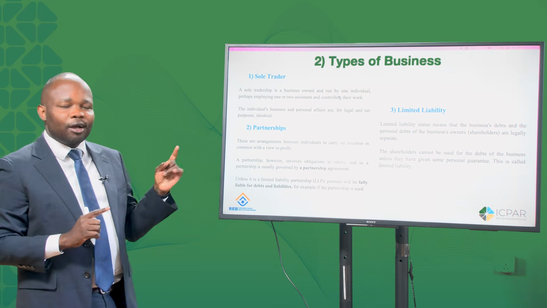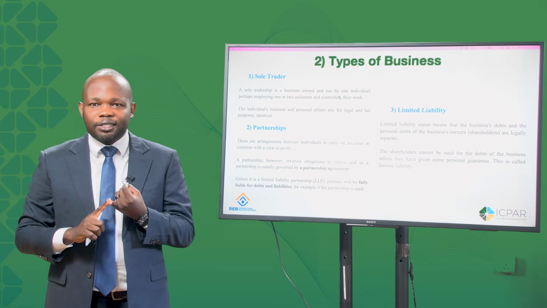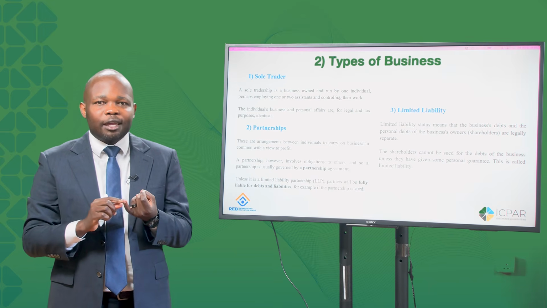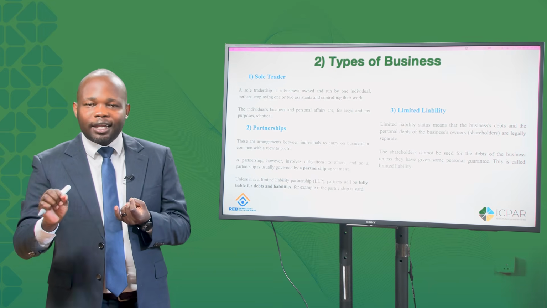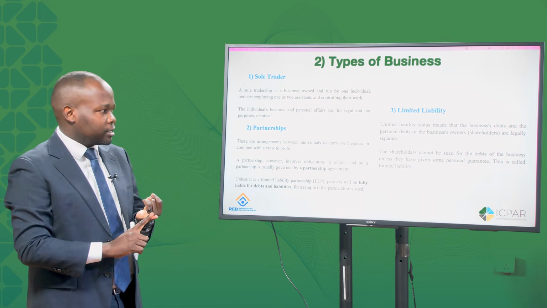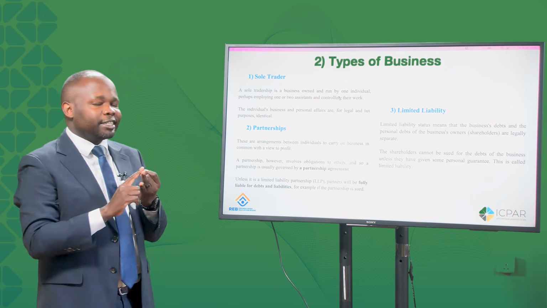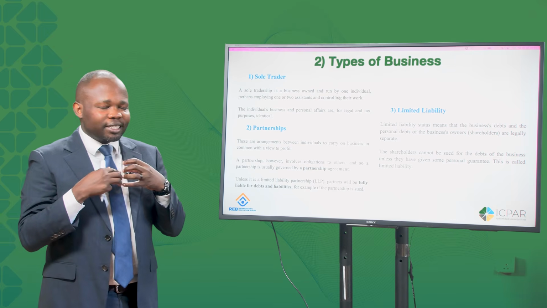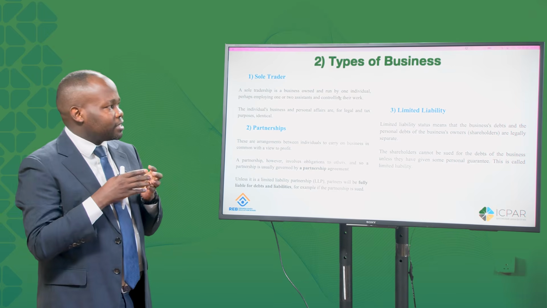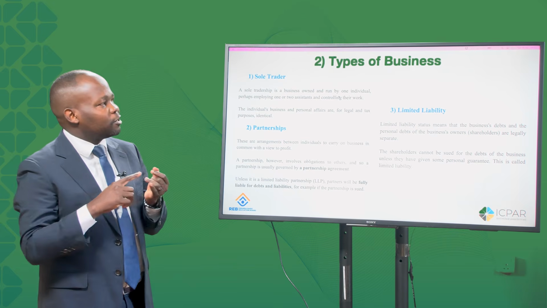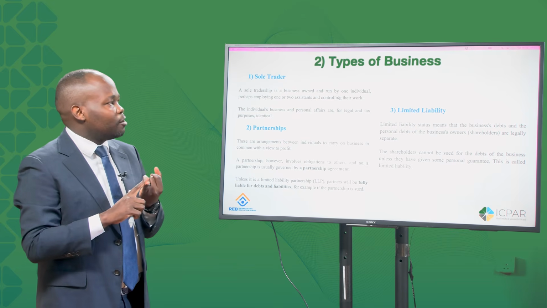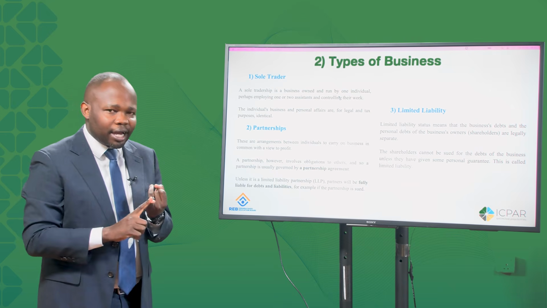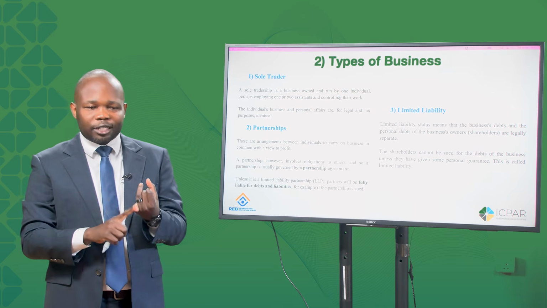In a sole trader, we know that a sole trader is a business that is owned by one person, but that person can have 1 or 2 employees. The key point is it's a business owned by one person. The individual's business and personal affairs, for legal and tax purposes, are identical. So a sole trader is a business owned by one person.